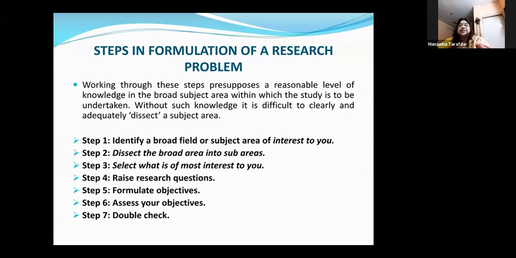For this, step one is to identify a broad field or subject area of interest to you. If you want to do research on any area of any district, first you find out the broader area, broader field, then you delimit it gradually.